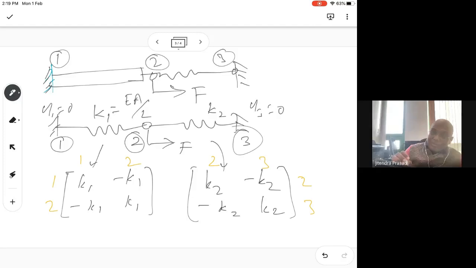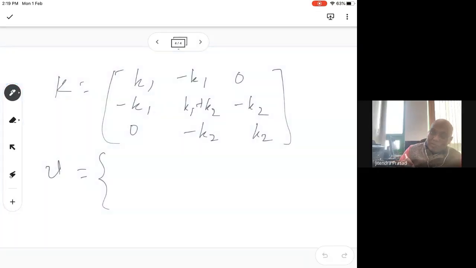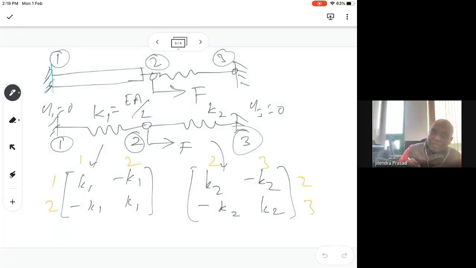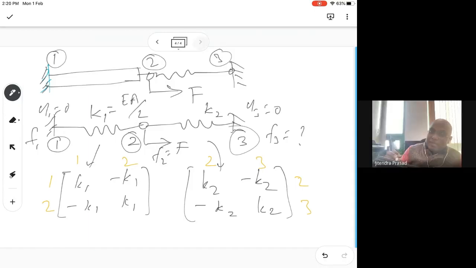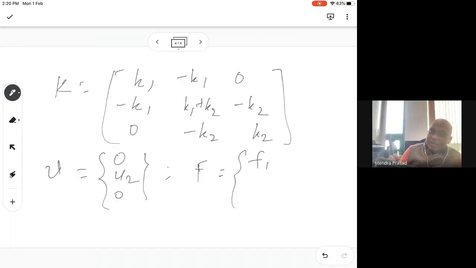So your U will be 0, U2, 0. For the force, you don't know the force at node 1, so let's call it F1. Here F2 equals F, and F3 we don't know. So we will write F1, F, F3. This is the equation you have.